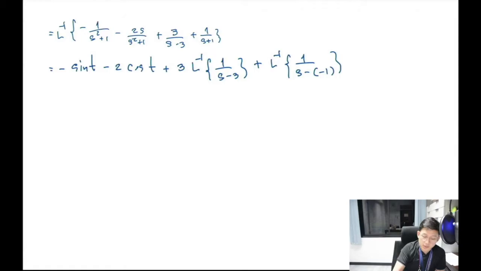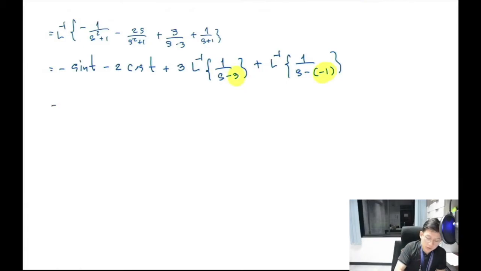And here s plus 1 is s minus a, so we look at this as s minus a with a equal to minus 1. Then we use the first translation, but in the inverse Laplace transform sense.